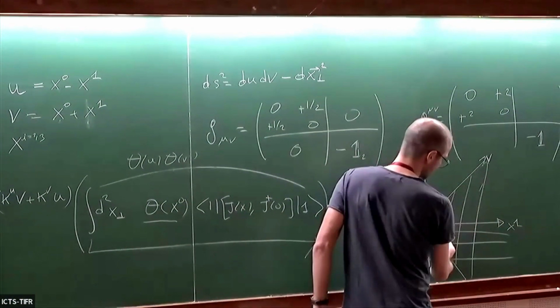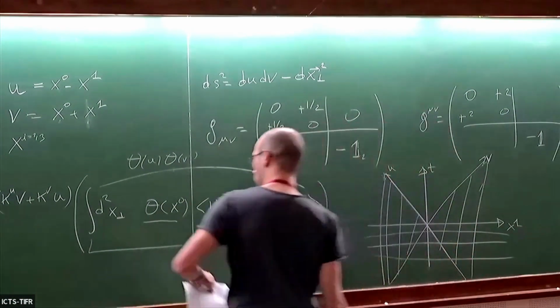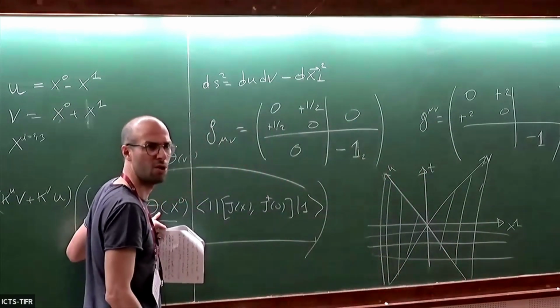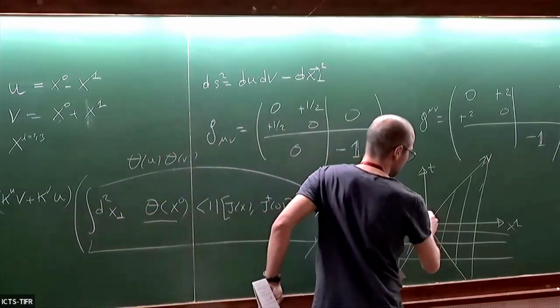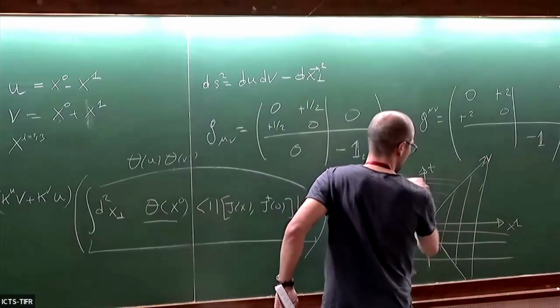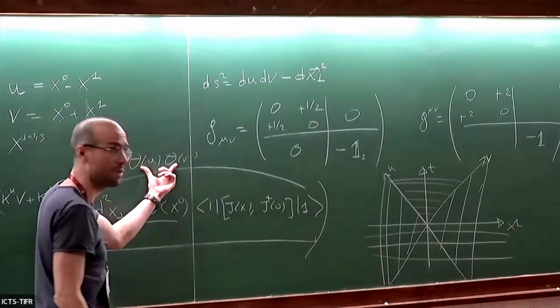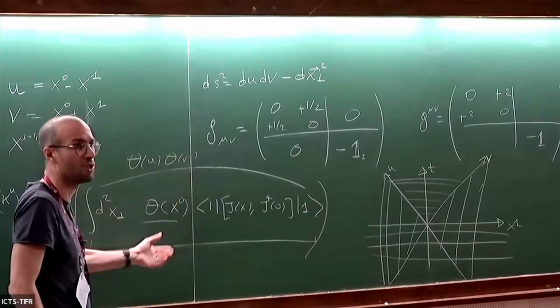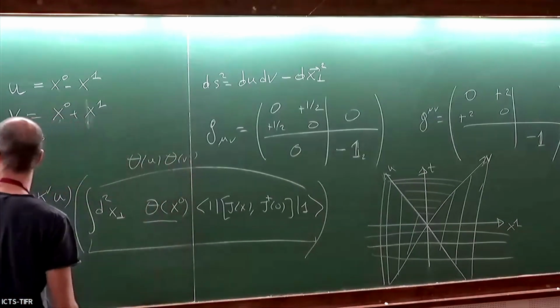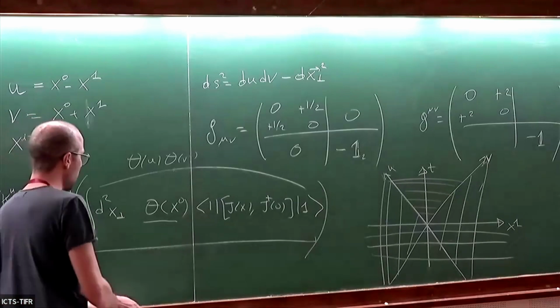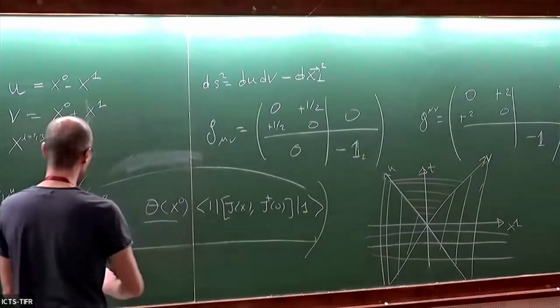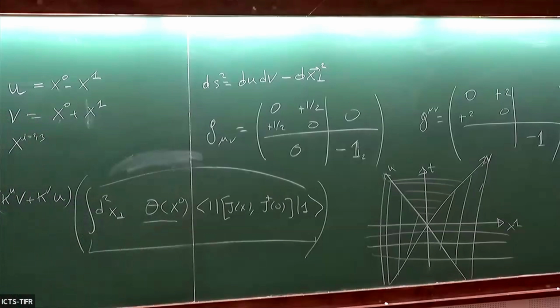It vanishes here, and it vanishes in the past because of this step function. So the only support is inside the future light cone, this part. This function has support where the step function has support. You don't need to write them. I'm just saying that this integral is the same as this integral.